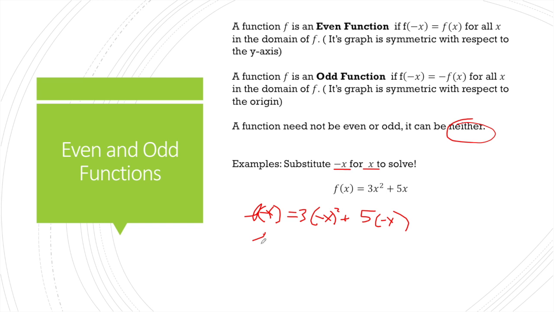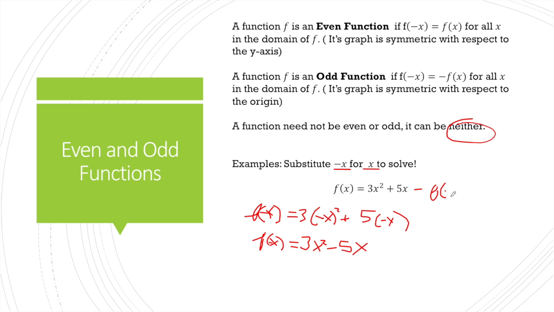That gives me 3 negative x squared gives me a positive x squared. But 5 times negative x gives me a negative 5x. Okay, so f of negative x doesn't look like f of x, right? There's a minus in the middle. And it also doesn't look like negative f of x.